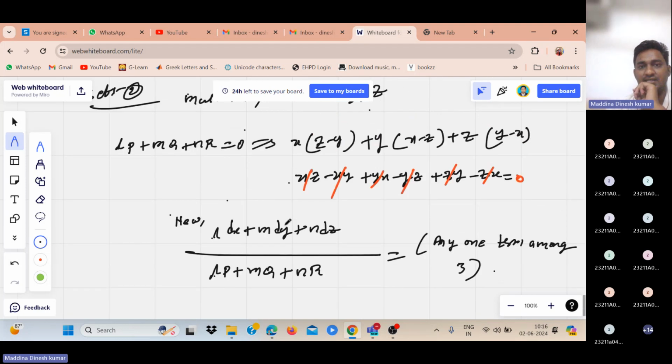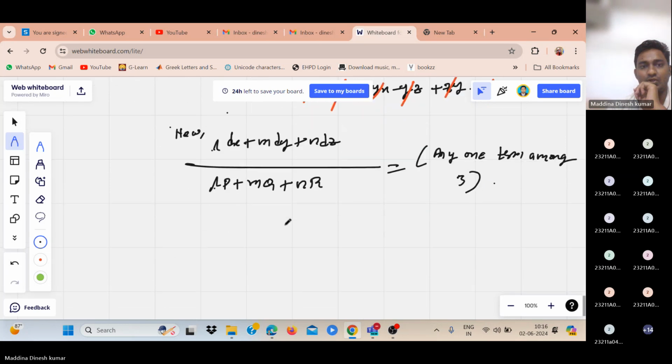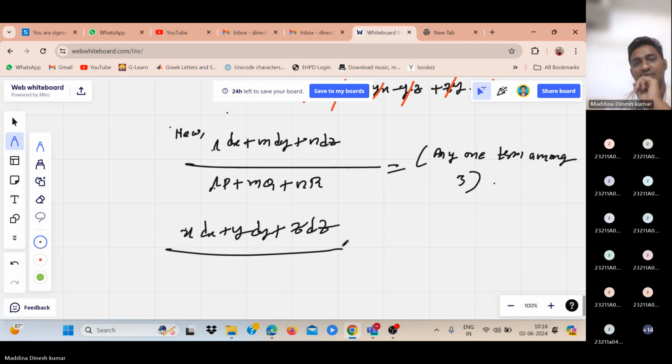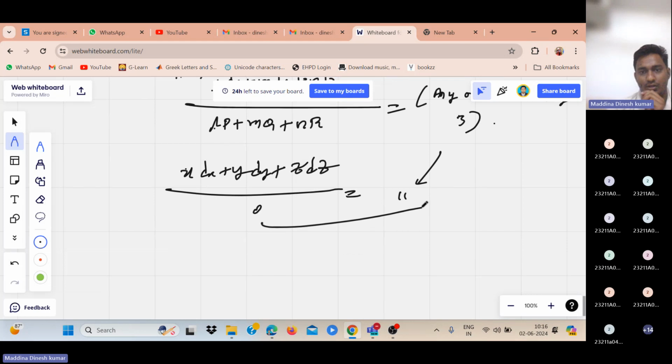Here L, M, N means x, y, z. So x dx plus y dy plus z dz by LP plus MQ plus NR, which will be equal to 0. In that way only we need to choose the multipliers. If you multiply with 0, it was dividing, so going to the right hand side it will multiply, and 0 into anything is 0.